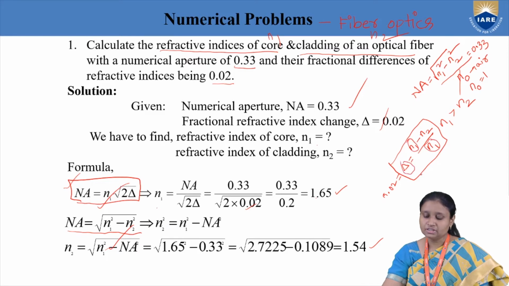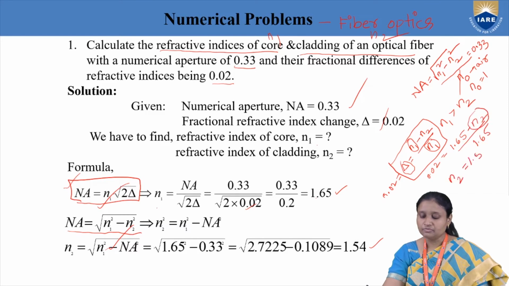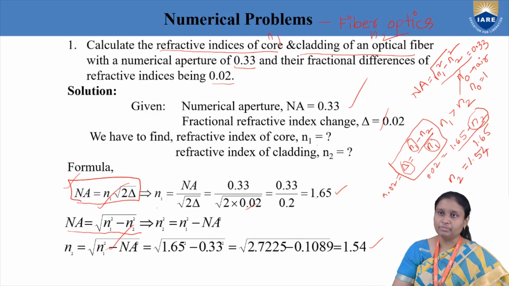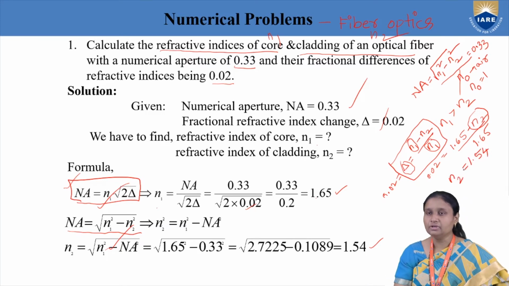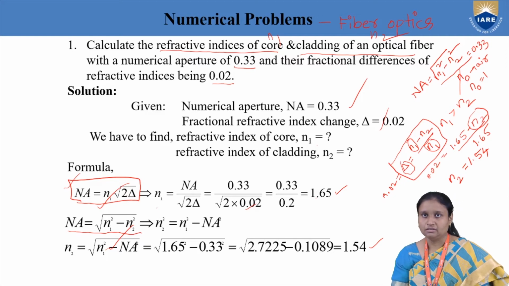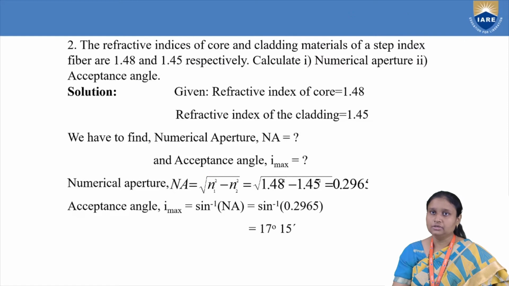So if we substitute in this formula the value of delta, 0.02, and refractive index of core 1.65 minus n2 by n1, again 1.65, using this formula also we can find n2, and again n2 comes out to be 1.54. This is another method. Once we know the value of delta and n1, we can use this method in order to find refractive index of the cladding. Okay, so we'll move to another numerical problem.